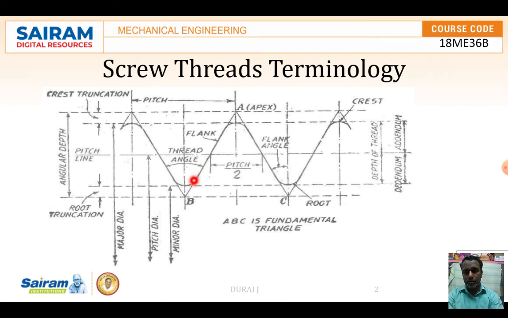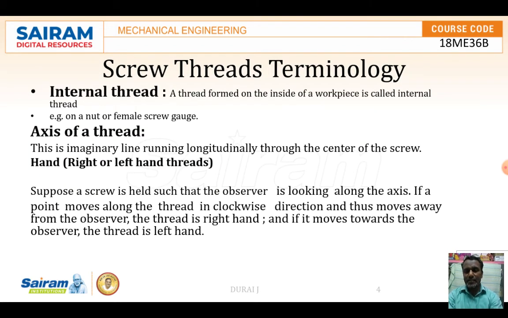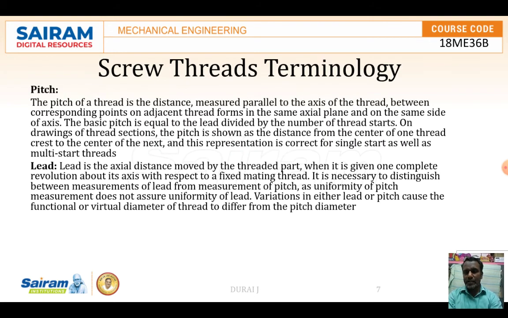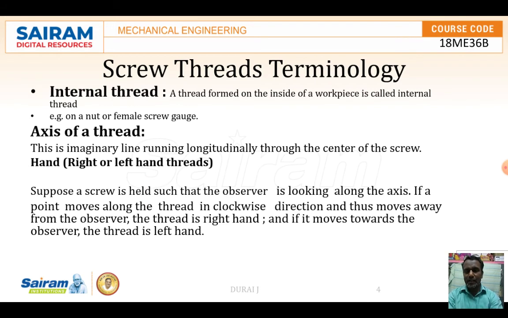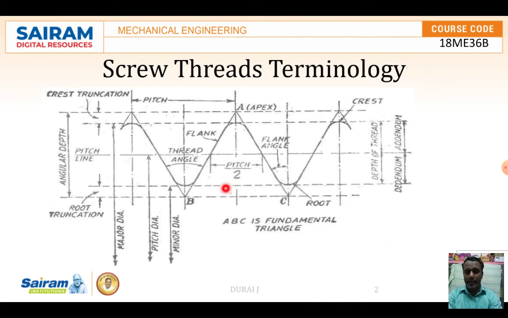From the flank to this axis, whatever angle it makes is called the flank angle. The angle in between the flanks is called the thread angle, also called the included angle. From ear to ear, the angle between the flanks is the thread angle or included angle.